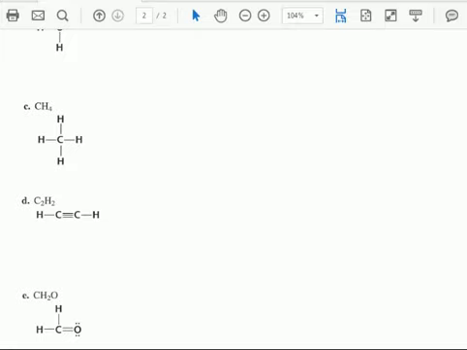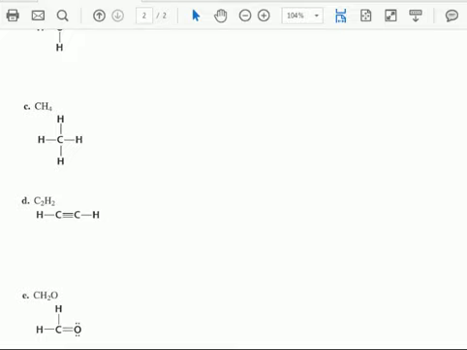Now, in terms of making my bonds, you should know that carbon is going to have 4 unpaired valence electrons. And so one of those unpaired valence electrons is going to form a bond with hydrogen. And so we can see that each carbon does have 1 bond with each hydrogen. But after the carbon forms that 1 bond with the hydrogen, it's still got 3 unpaired valence electrons left.